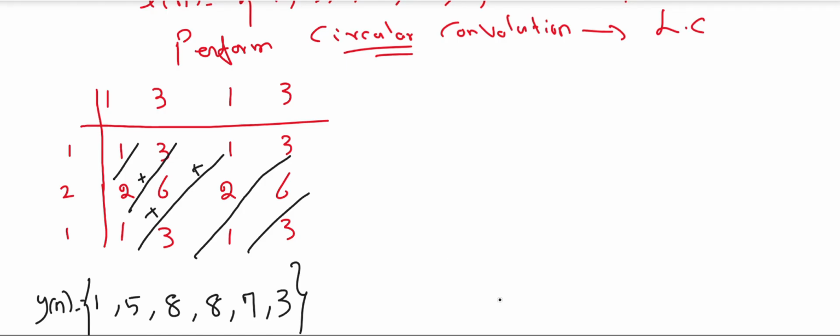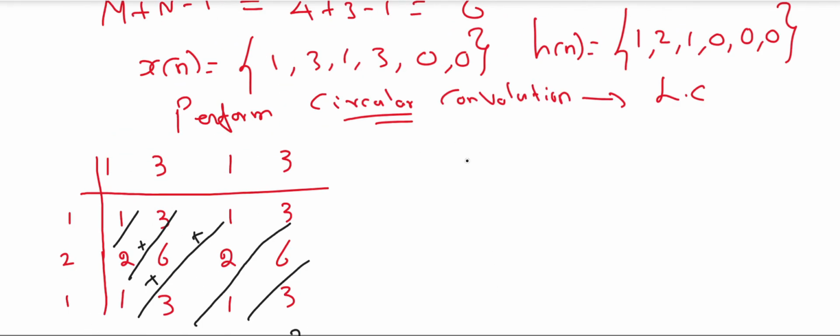If you want to perform the circular convolution, then you take the sequence x of n as 1 3 1 3 0 0, and h of n is not this one. We will take the matrix method.